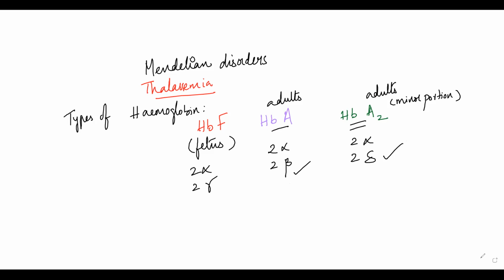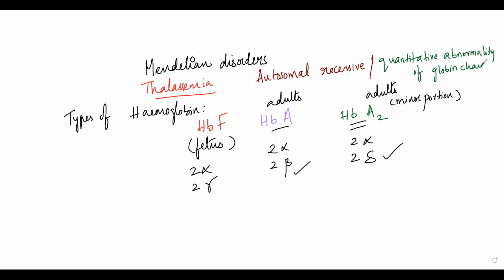When speaking about thalassemia, I spoke about this being an autosomal recessive disorder. Another important thing to remember from the examination point of view is that this is a quantitative abnormality of the production of the globin chain in your hemoglobin.